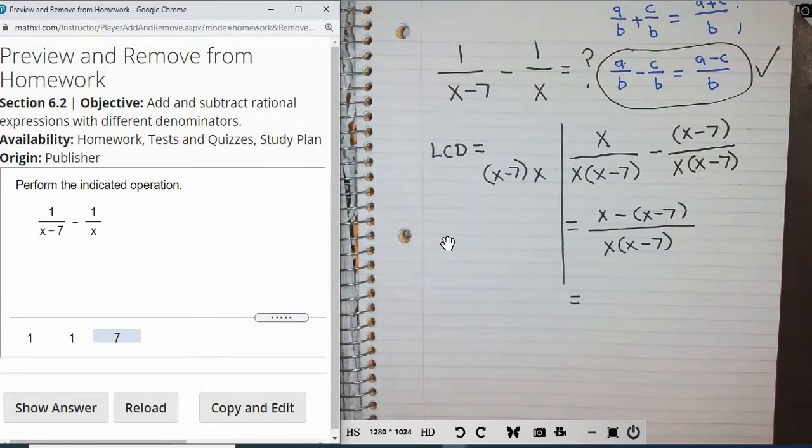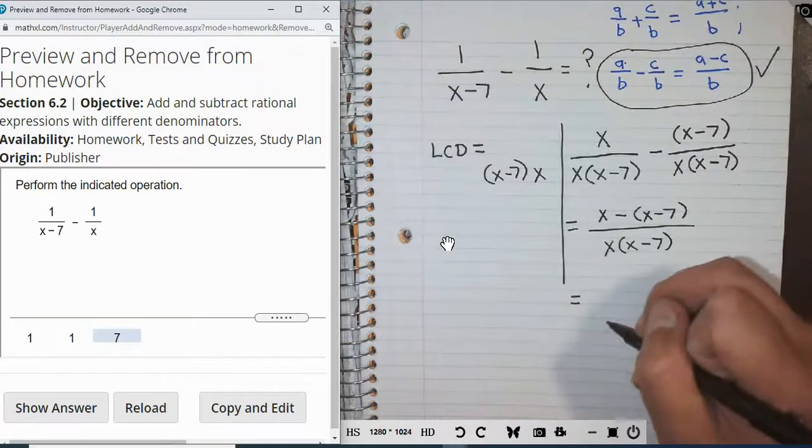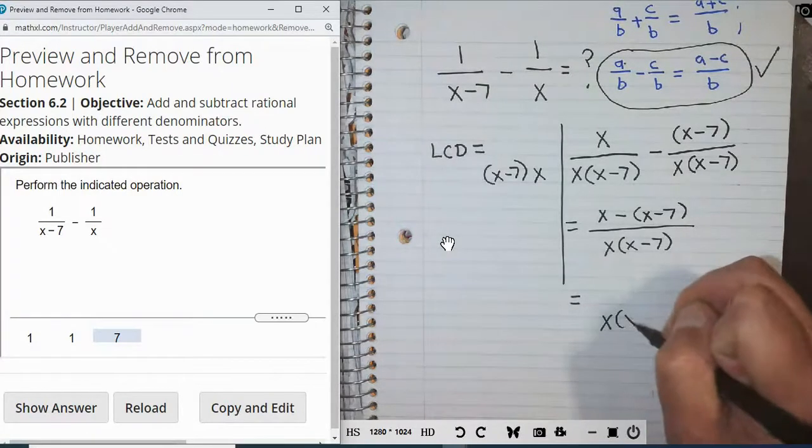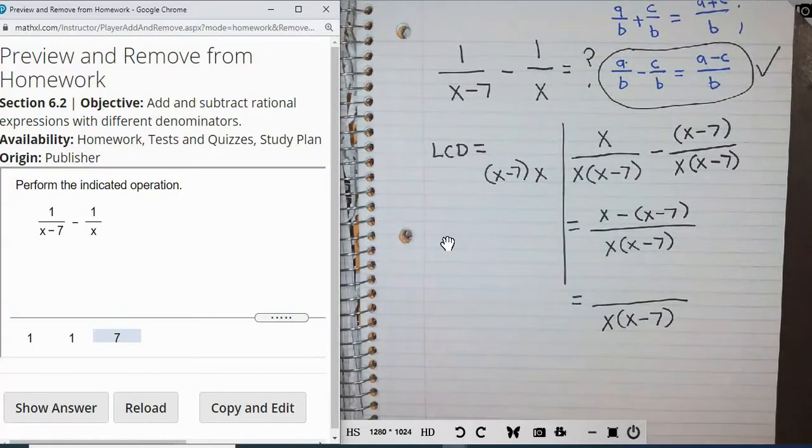By the way, what we're doing there is subtracting polynomials. Drawing upon what we talked about in chapter 4, when we subtract polynomials, we change the signs of the polynomial that we are subtracting, or in other words, we change the signs of the subtrahend, and then we add. So let's go ahead and do that, again over our least common denominator of x times x minus 7.